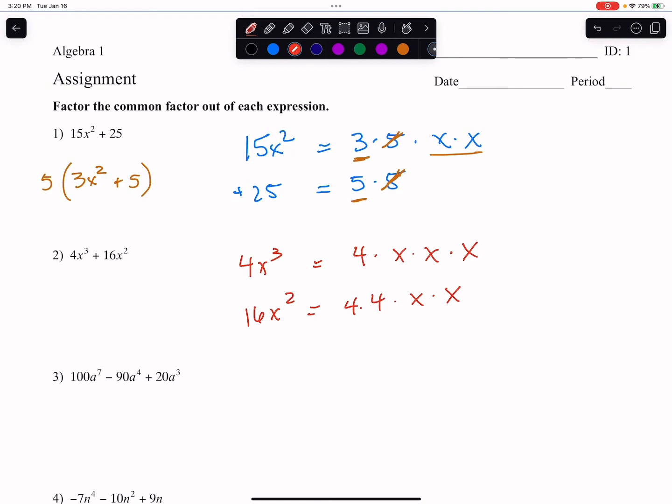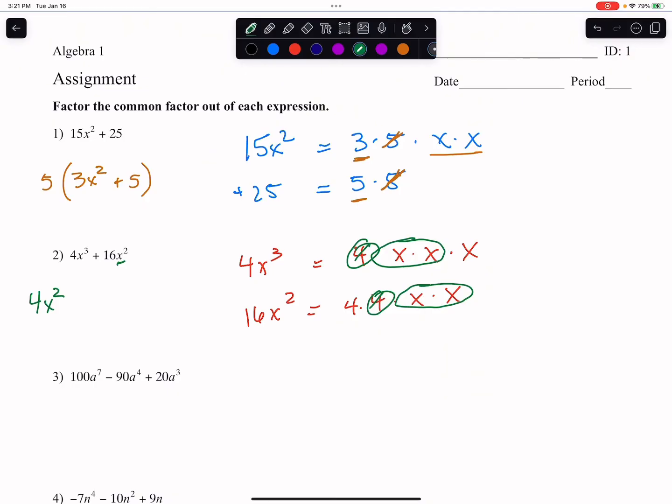Now, what do they have in common? Well, they both have a 4. Okay, I'm going to take that 4 out. And they both have at least 2 x's. I'm going to put that over there. 2 x's, x times x is x squared. Remember, when we're factoring and it's variables, it's going to be the smallest exponent. And in this case, right here, there it was.